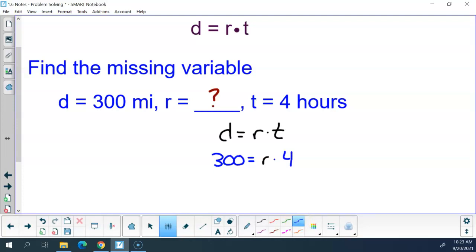We need to solve for R. What would we do? I divide both sides by 4. 300 divided by 4, 75.